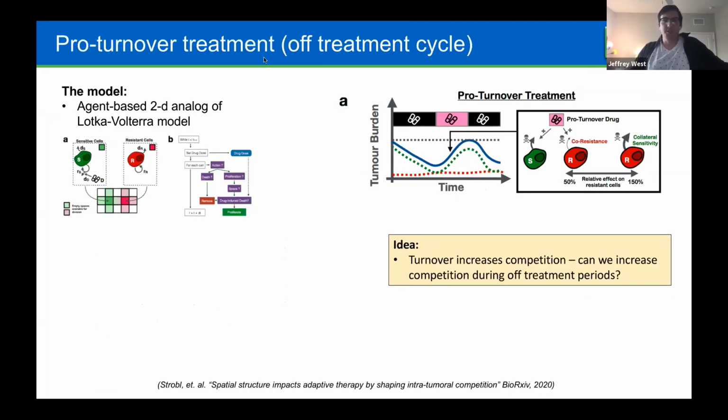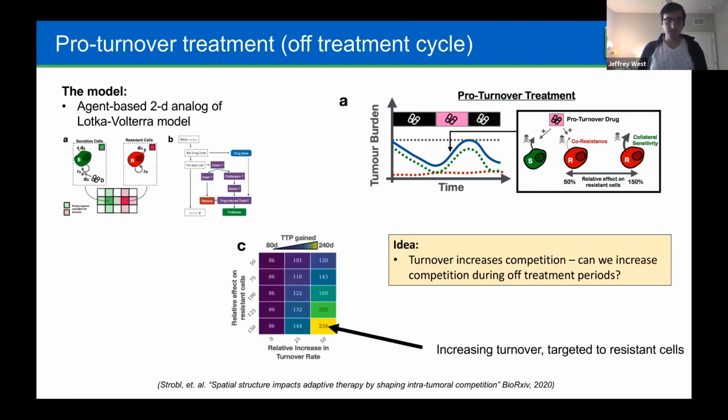The first is a pro-turnover treatment, but only administered during the off-treatment period of that regular adaptive therapy. So what's the idea of this treatment? It's turnover increases competition. So can we increase competition during the off-treatment periods while the sensitive is regrowing, helping the sensitive to regrow in a more robust way? The answer to that is yes.